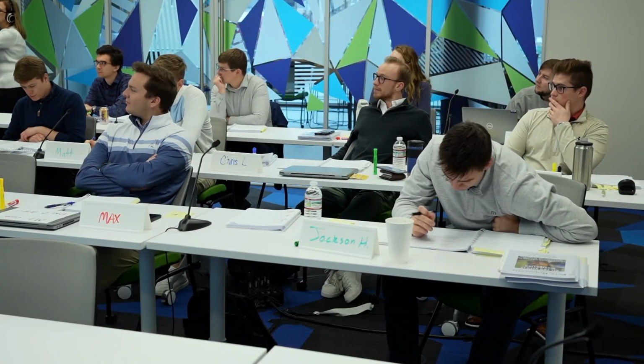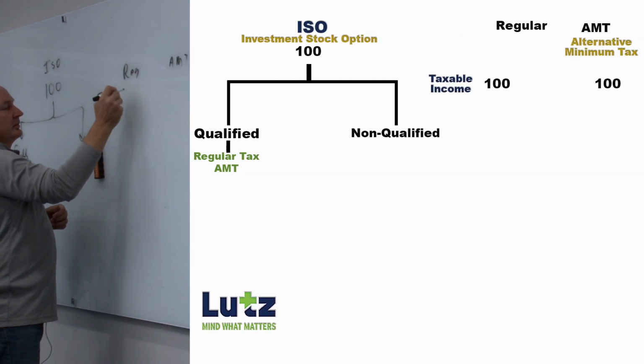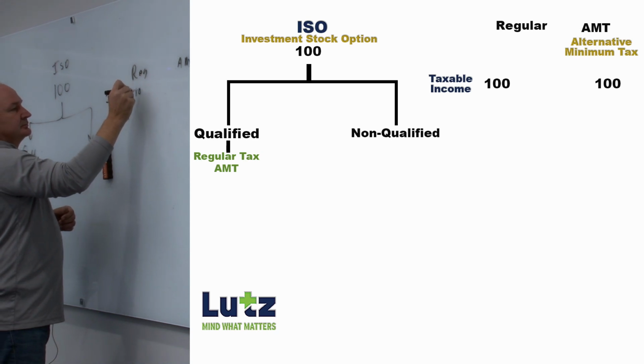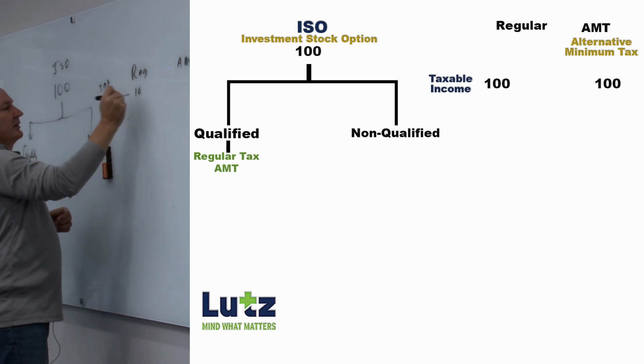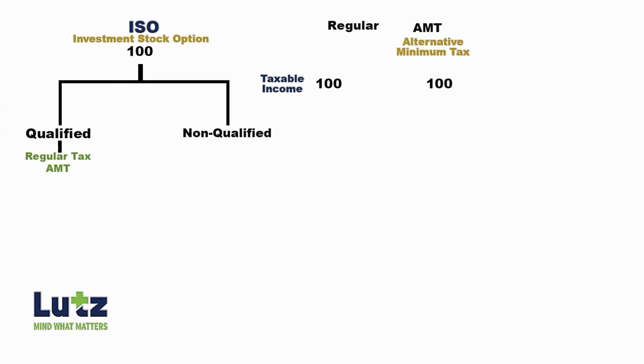Okay? So regular tax and AMT. There's income, I'm going to say, of taxable income of 100 and 100. So you go to the form, and by the way, this has become way less of an issue since the Trump tax cuts in 2017, because it was much more prominent prior to 2017.